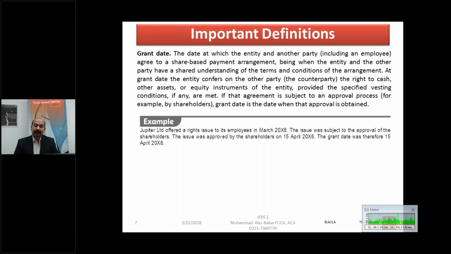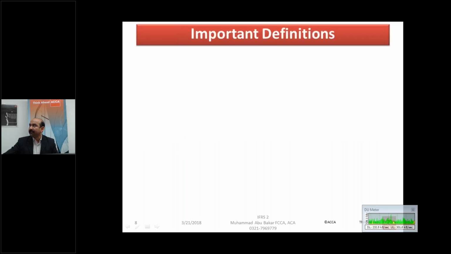The issue was subject to the approval of the shareholders. The issue was approved by the shareholders on 15 April 2026. The grant date was therefore 15 April 2026. So this is basically the definition of the grant date. This is also important in understanding the application of this standard.